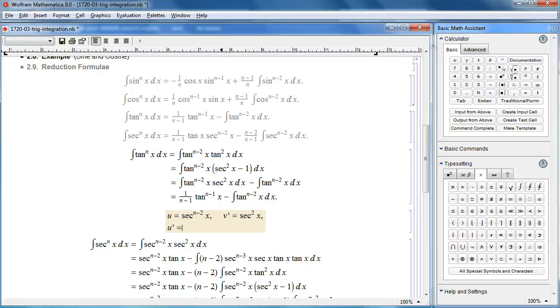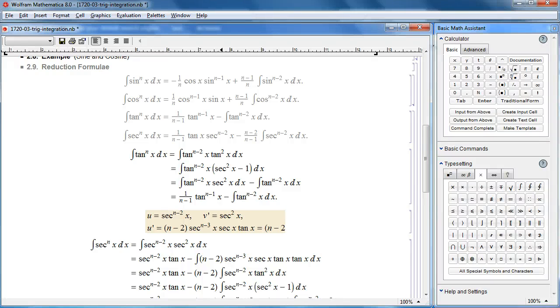Let's calculate u prime by brute force computation, and by the power rule we get n minus 2 secant to the n minus third power, and then by the chain rule you have to multiply the derivative of the inside, the derivative of the secant function, secant times tangent. You can simplify this because we have another secant function.